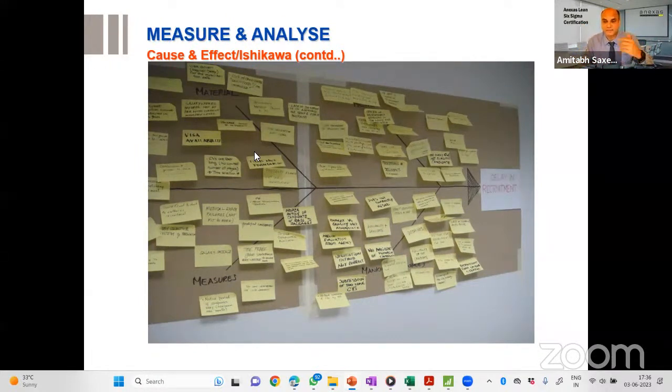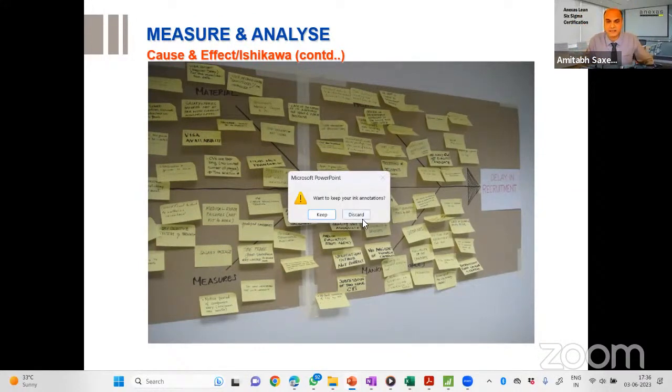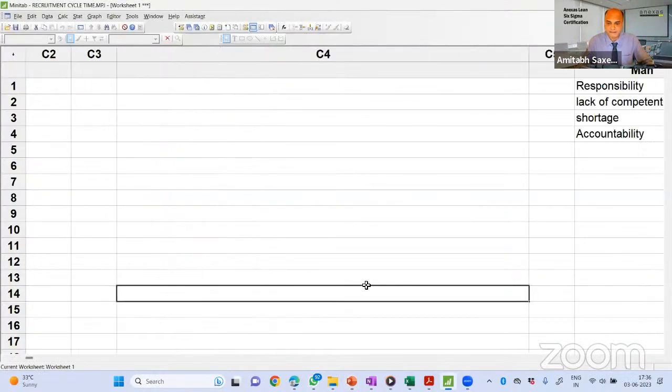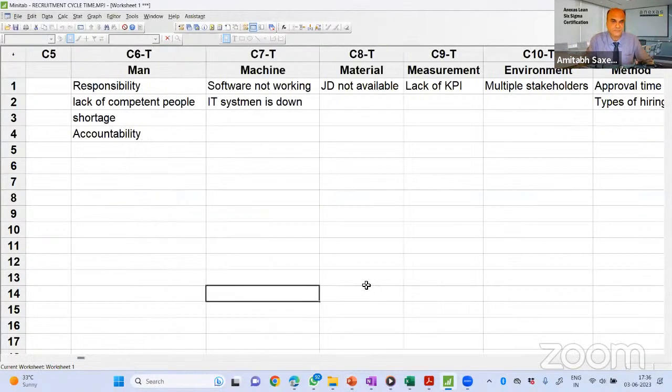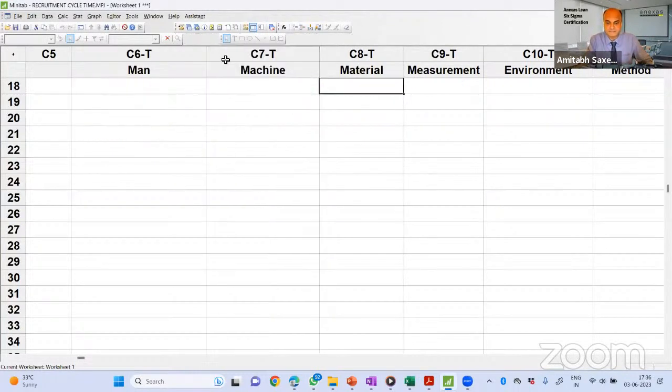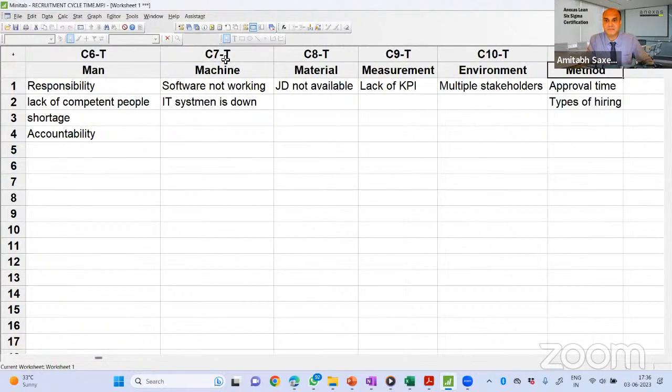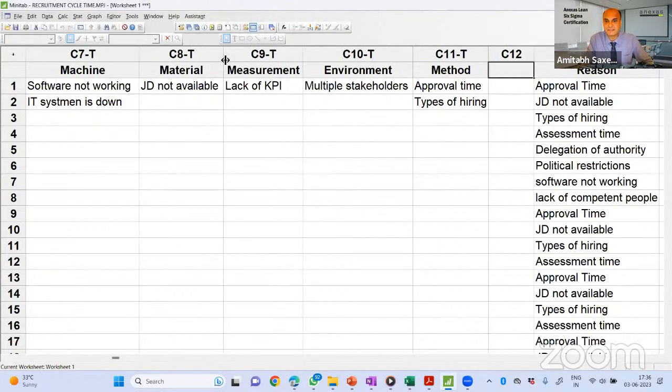So you can prioritize them. Now, how to prioritize, I'll tell you that as well. But before that, let me show you. It is easy to make a cause and effect diagram. So I brainstormed on all the possible causes of my high recruitment cycle time related to man, machine, material, measurement, environment, method.